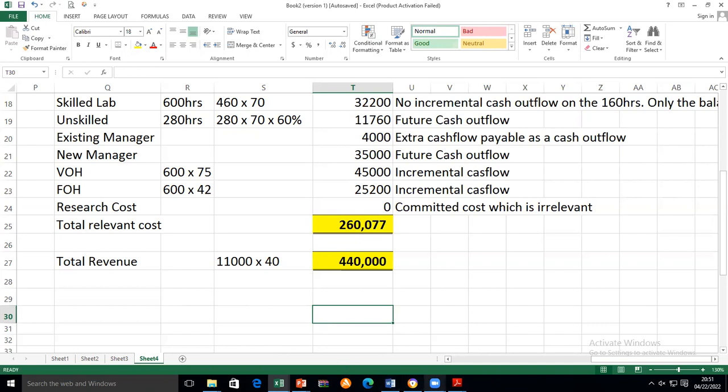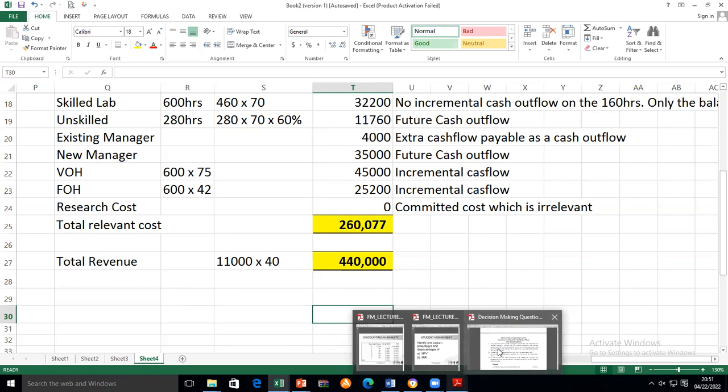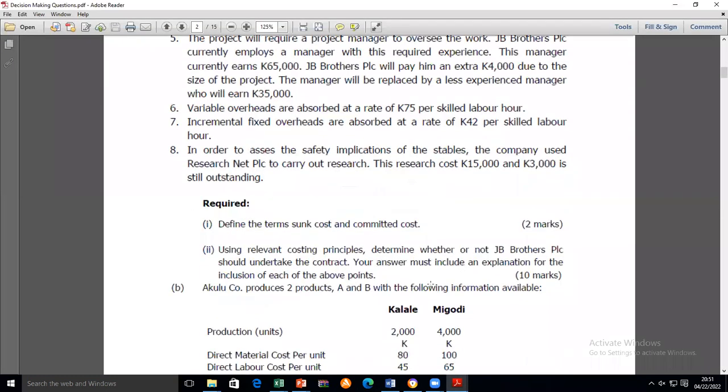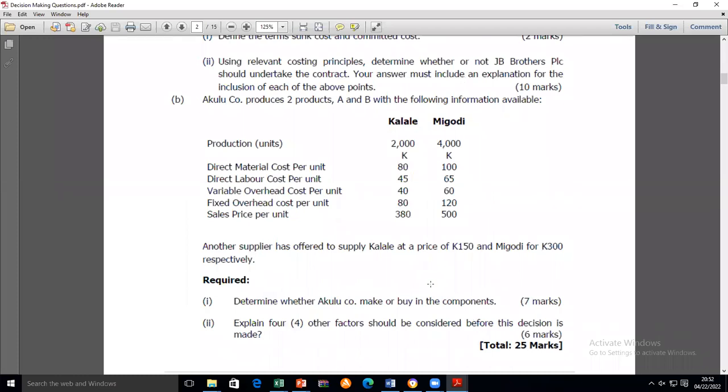Should we go ahead? You should compare it. The offer was 11,000, multiplied by 40. There are 40 stubbles. Yeah, 11,000.